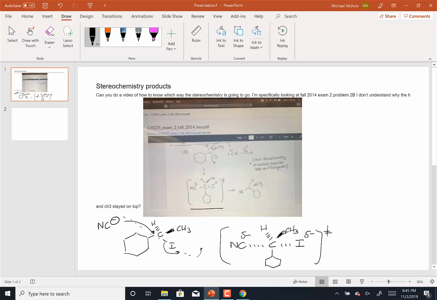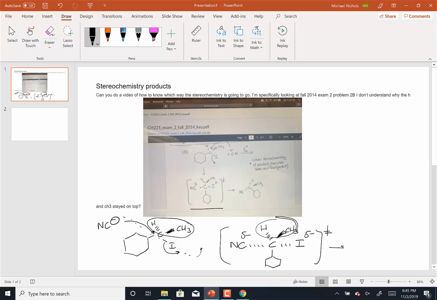And then going into the final product, the reason that the H and the CH3 stayed on top in their respective dashed and bold wedges is because they're on top over here, and so they're staying on top over here.